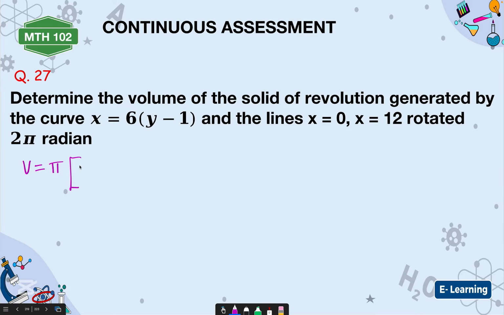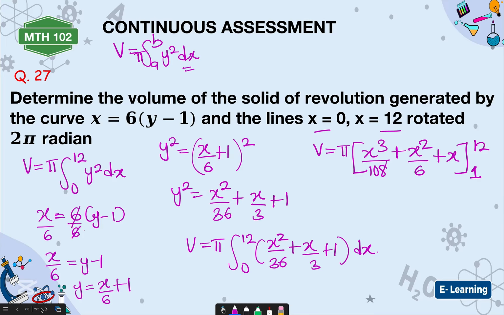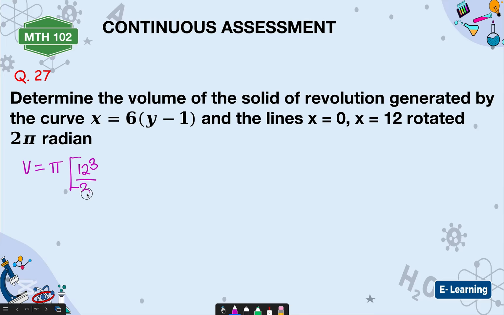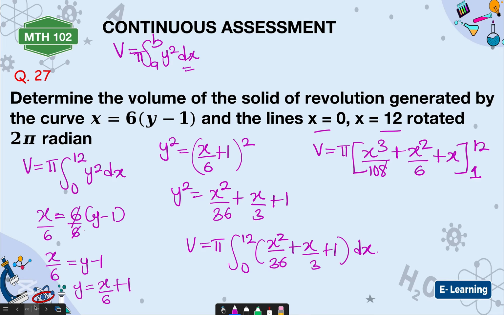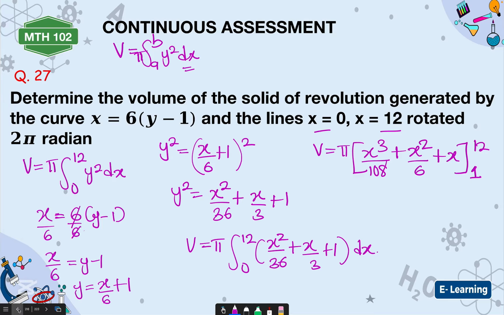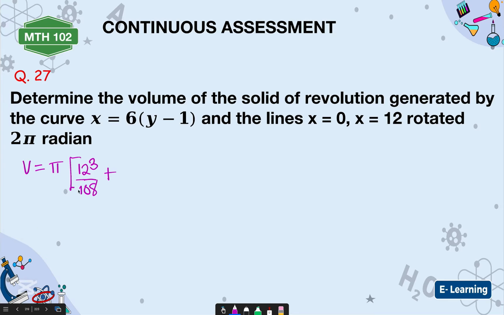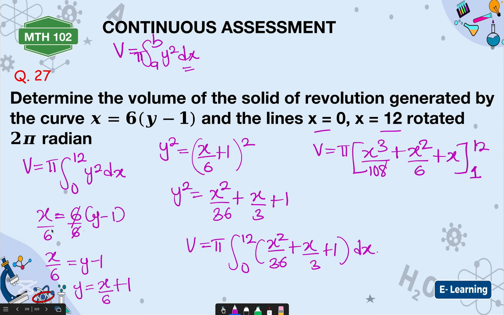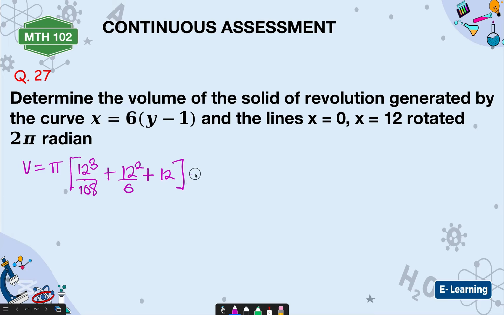Here will give us 12 to the power of 3, divided by 108, not 36, plus 12 square divided by 6 plus 12, minus, you do that again for 0.